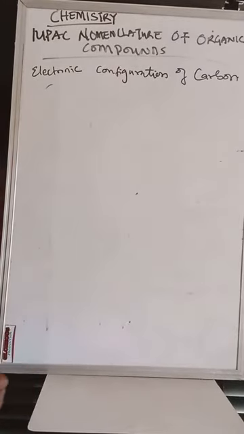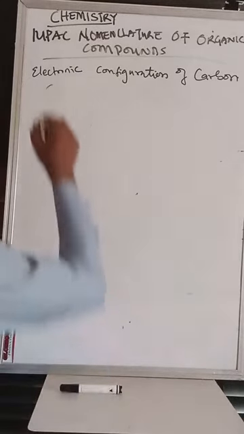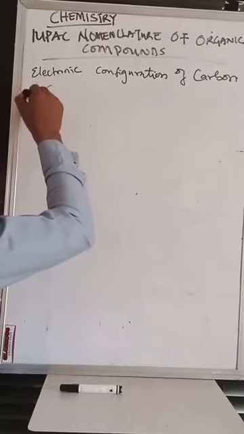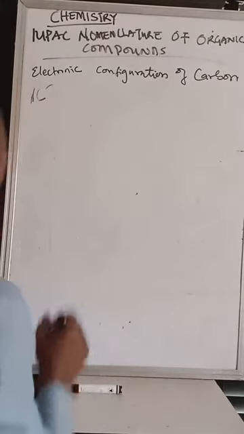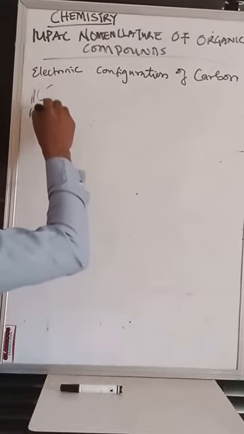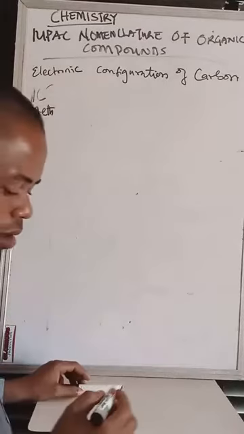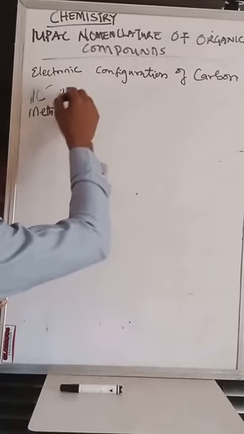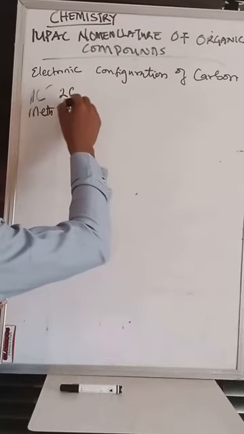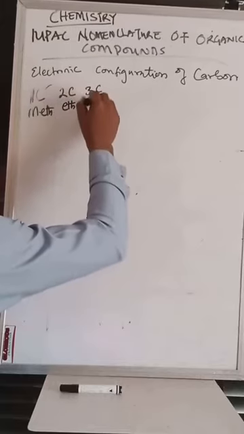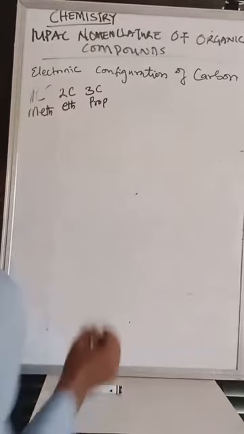For a carbon compound with just 1 carbon atom, we'll call it meth. For a compound with 2 carbon atoms, we'll call it eth. A compound with 3 carbon atoms is prop.